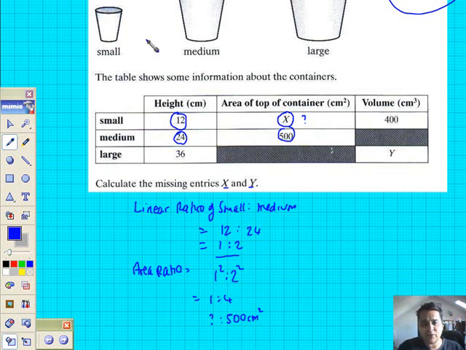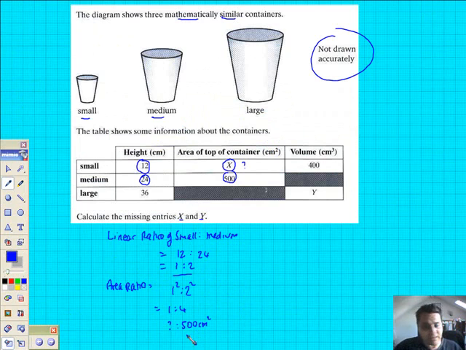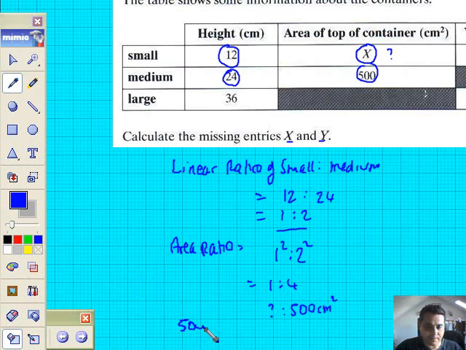We're not enlarging from small to medium, we're shrinking down from medium to small. Since the medium one is 4 times as big as the smaller one in terms of area, I simply divide my 500 by 4, and that's going to give me 125 centimeters squared of area.